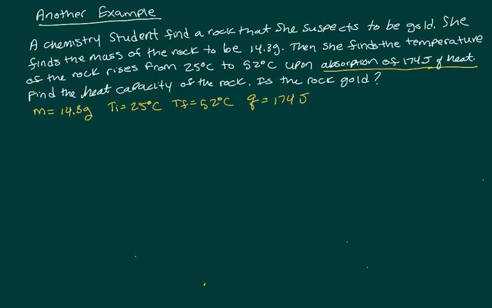And we want to know what is the heat capacity of the rock, the specific heat of the rock. We don't know what the material is, so we're going to use all these factors to determine what material this is. So this is our equation.